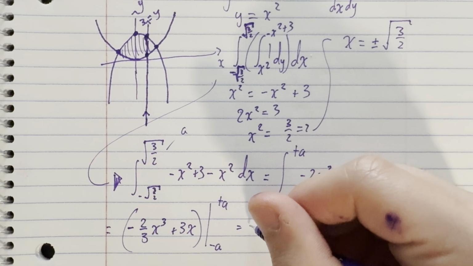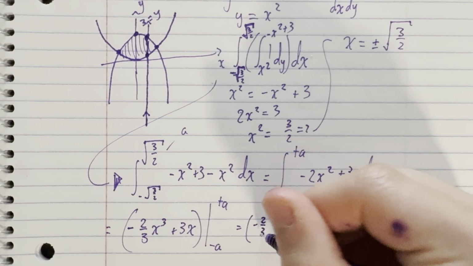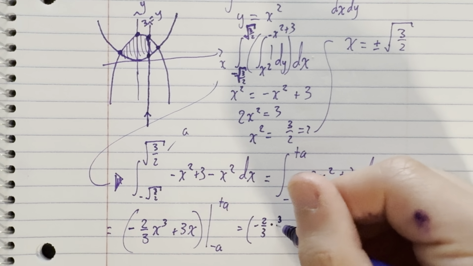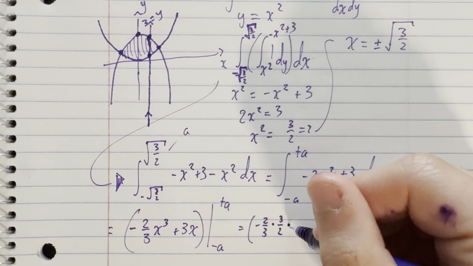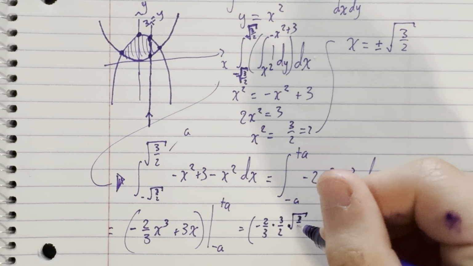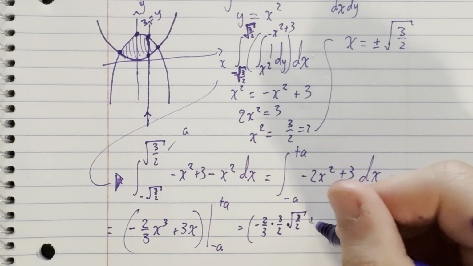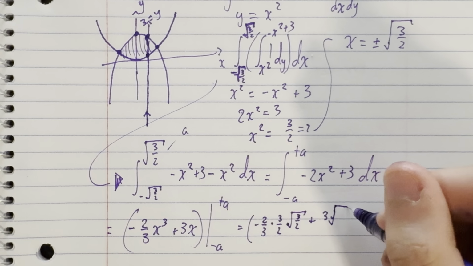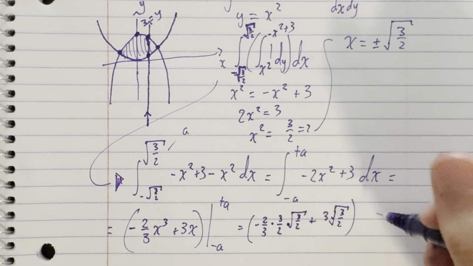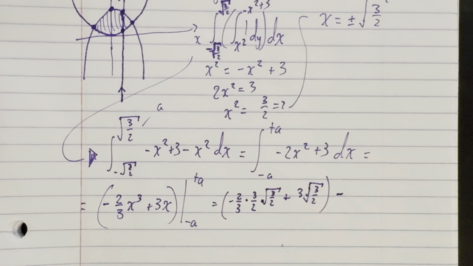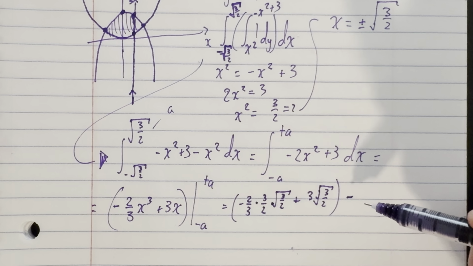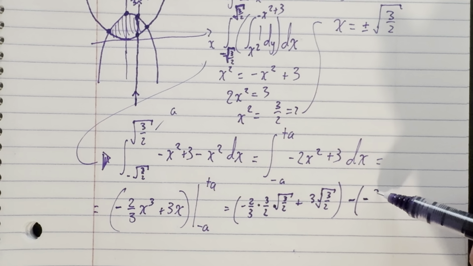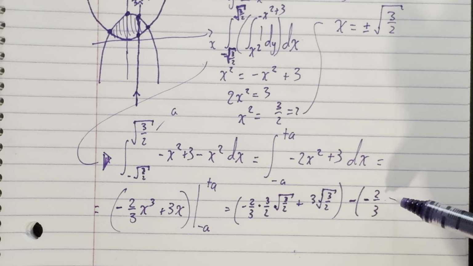You're going to have negative 2/3 times, that's going to be 3 over 2 times root 3 over 2, plus 3 times root 3 over 2 minus, God, this is so ugly. Oh, I think actually stuff cancels though.